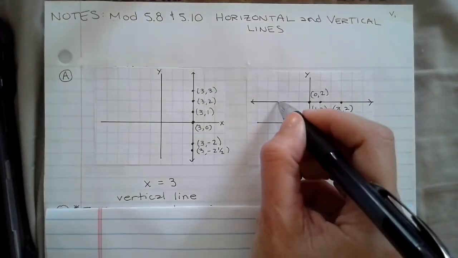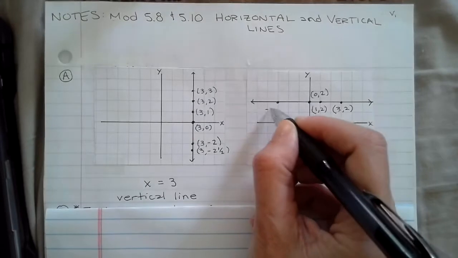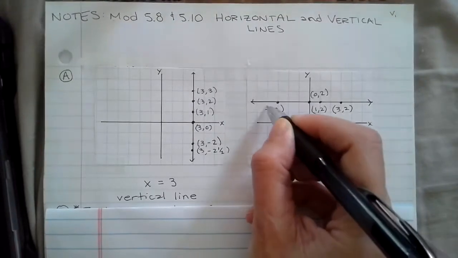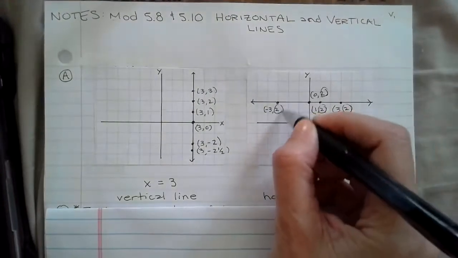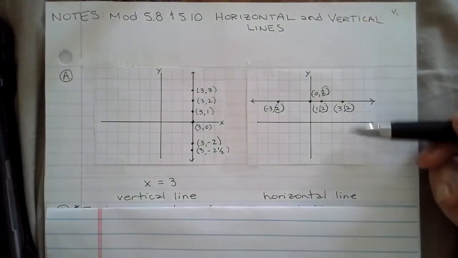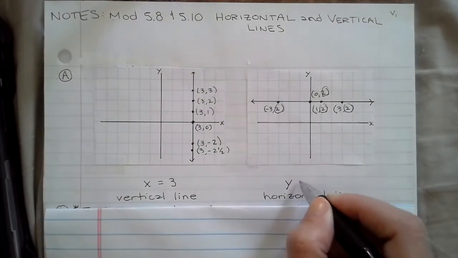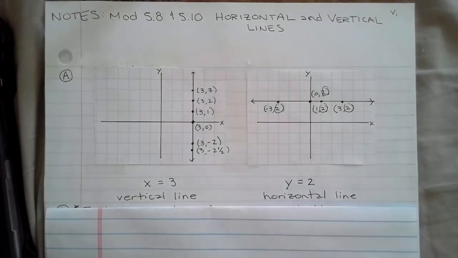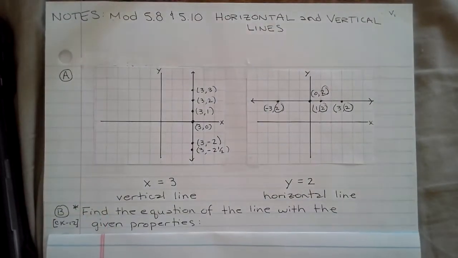This one I went over to negative 3 and up 2. What you'll notice is the y values of this graph. Y is the distance from the x-axis up to a curve. The y values are always 2, and that's why we call this line y is 2. Y equals lines are always horizontal lines.